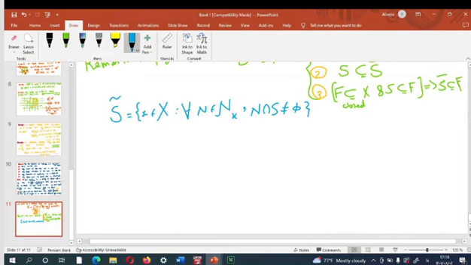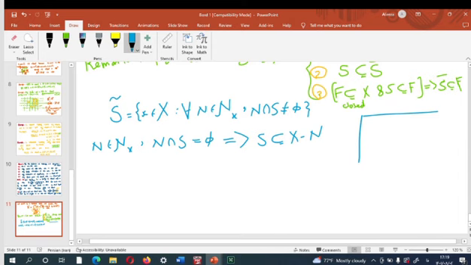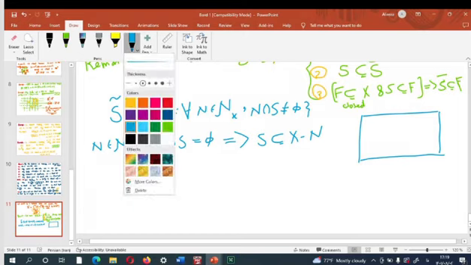Then we see that if N belongs to N_x and this intersection is equal to the empty set, then S must be contained in this complement.